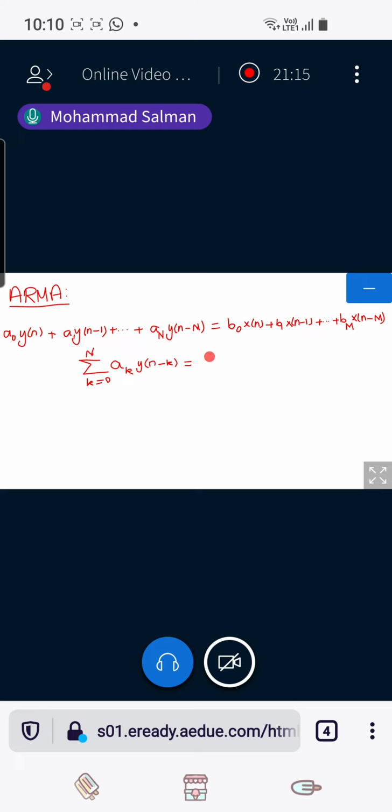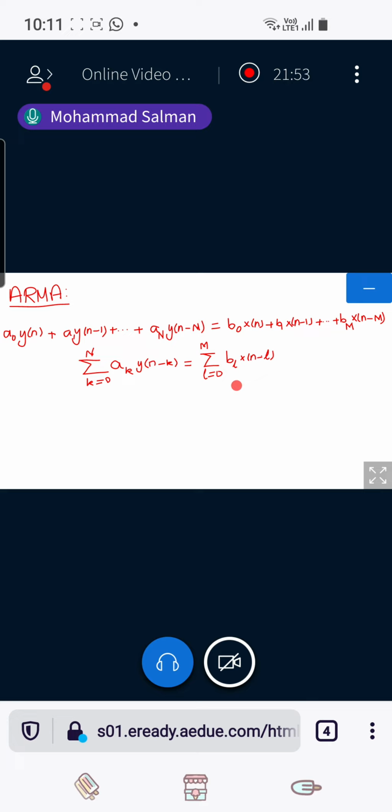This is equal to the summation of b sub L, from L equals 0 to capital M, of x of n minus L.